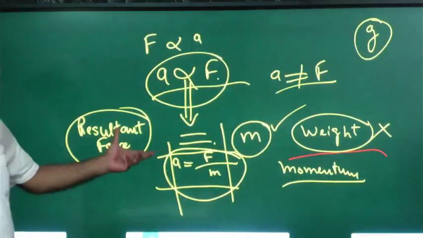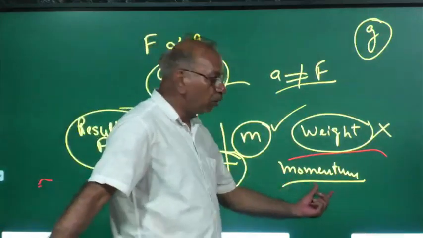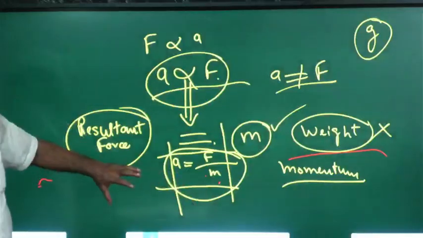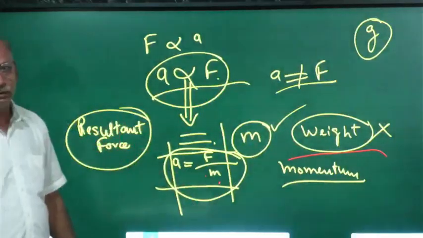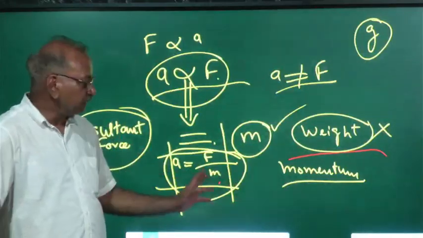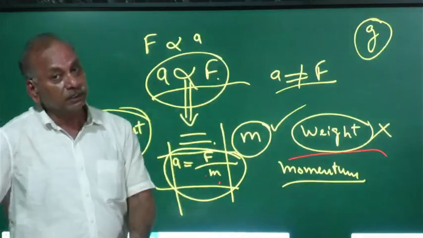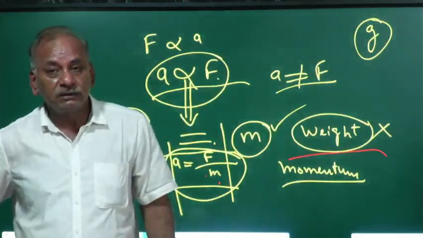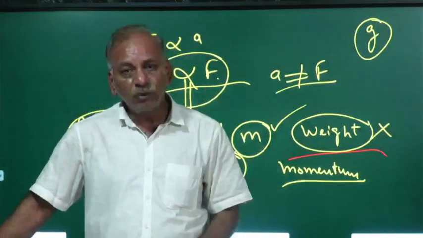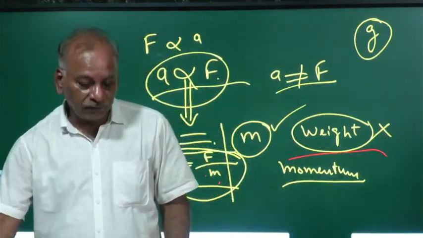At some time, in some examples, the mass is replaced by the momentum, not exactly replaced, but suitably substituted, adding velocity also. Mass and momentum are not the same, but in some equations, in quantum physics, momentum is used in place of mass. That we will study later.